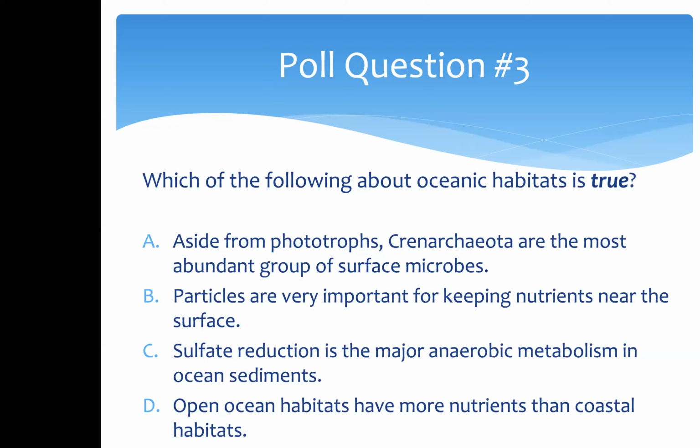Okay, so here's B. Why is B not the right answer? It seems like a good answer, but why is it wrong? Maybe somebody who put C and figured out that B wasn't correct. Particles are very important, right? But do they keep nutrients near the surface?